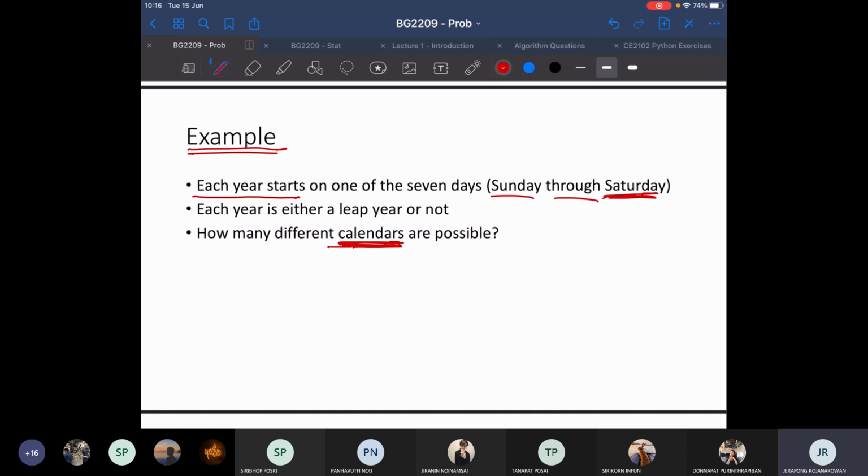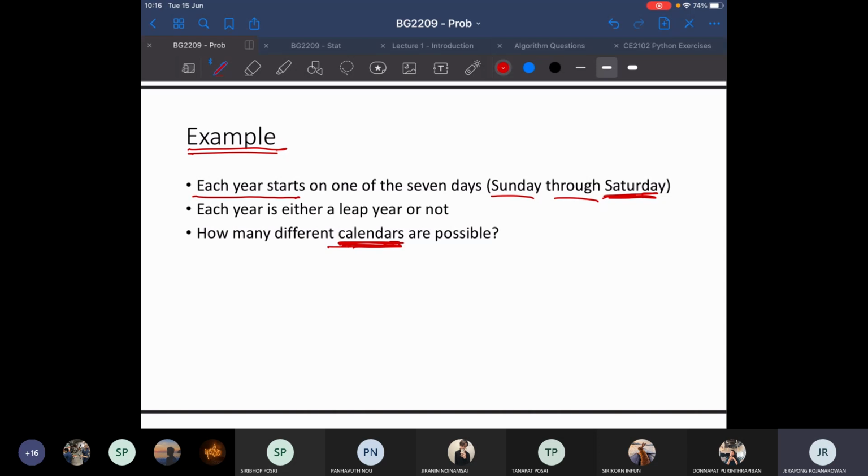Okay, that's the starting of 1st January. And then you don't have to worry about the rest. The rest will follow, because everything is determined by the first day of the year.